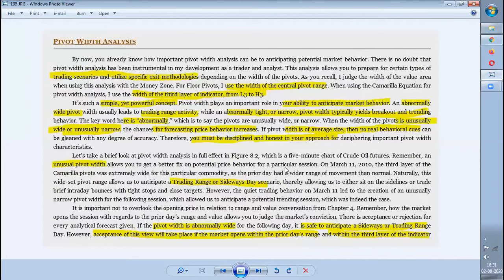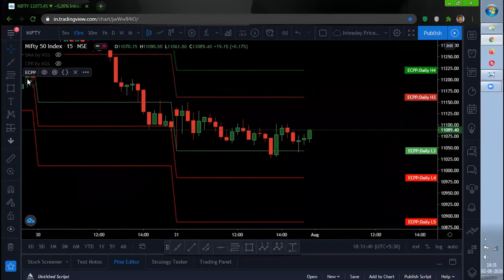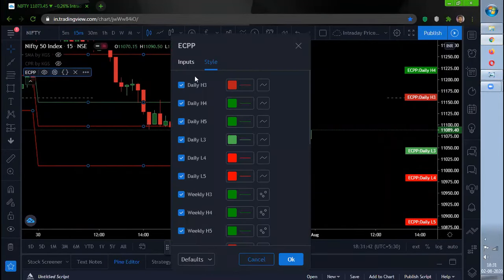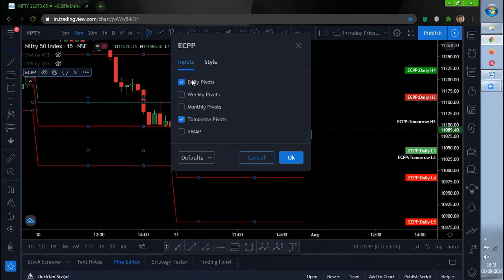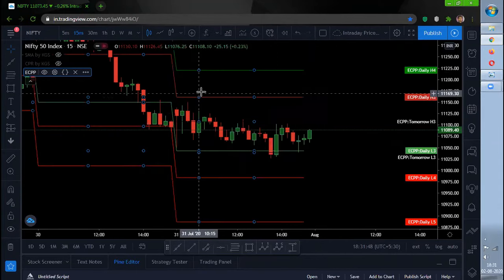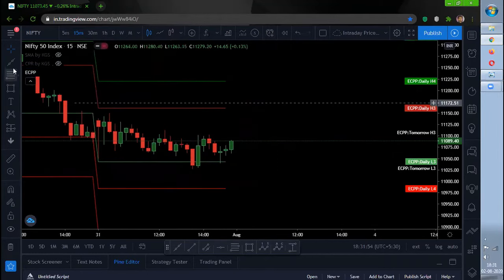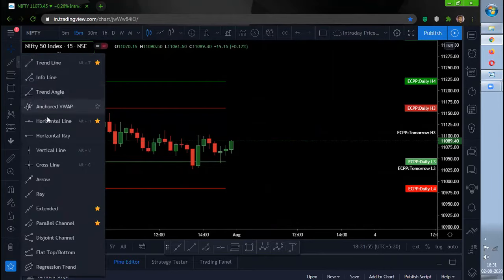Clear? For example, let's move on to the Nifty chart, and this is the indicator for Camarilla. This is the red line and the green line of Friday. And if you see, the L3 and H3 of Monday are going to be over here.